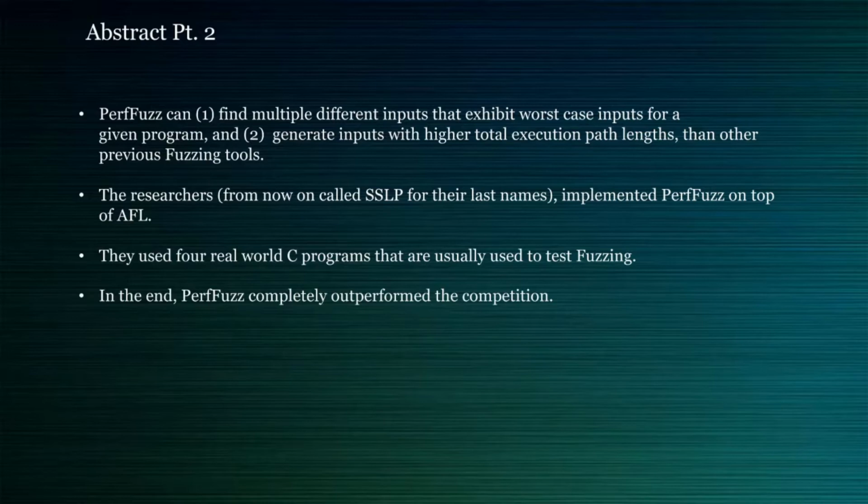They used 4 real-world C programs that are usually used to test fuzzing for evaluating how PerfFuzz works. And in the end, PerfFuzz really just ran off and did a lot better than any of the competition that it was put up against.